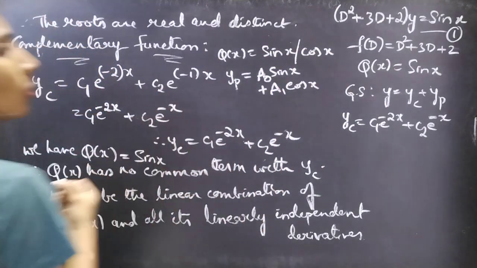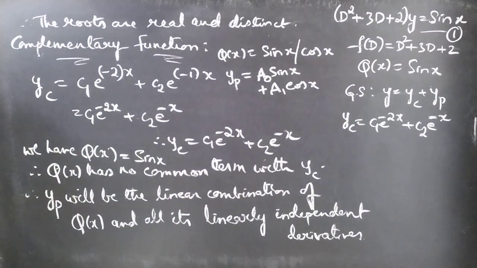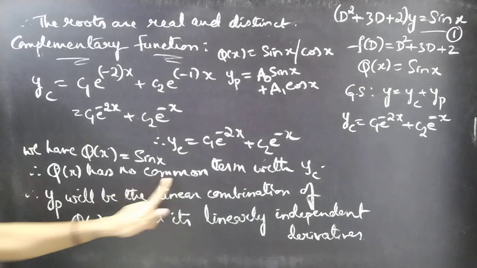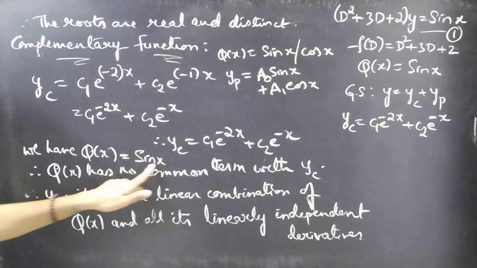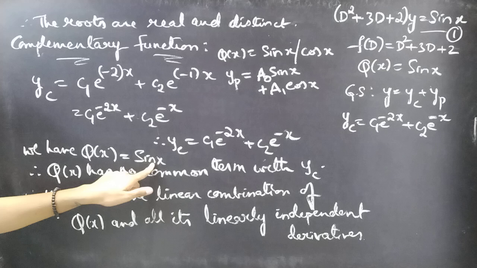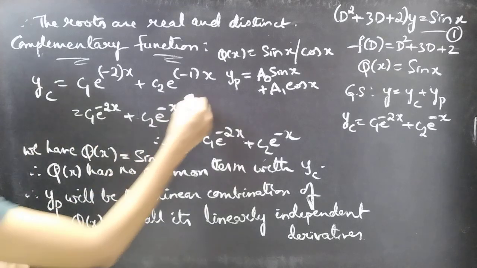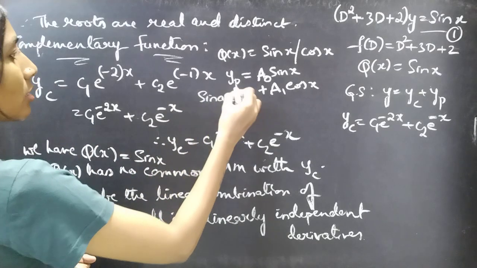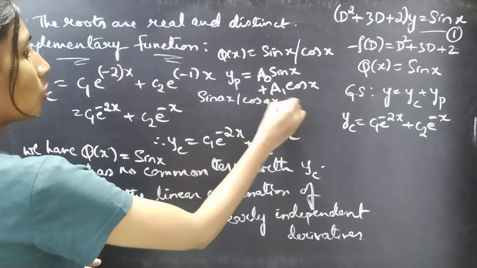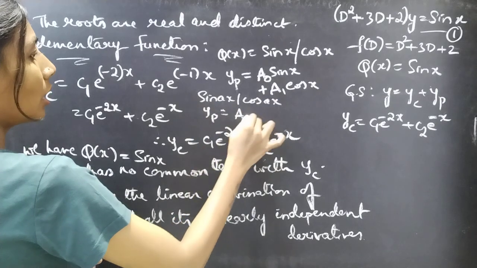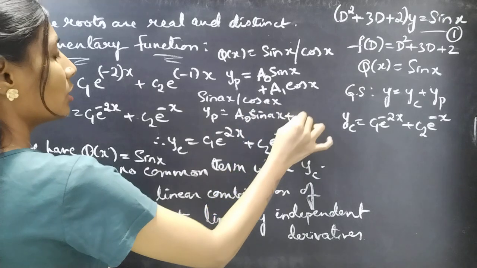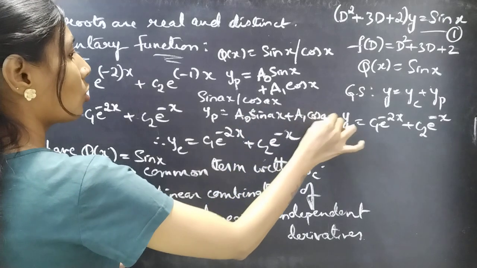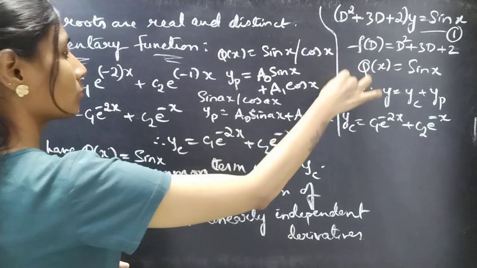If Q(x) has no common term with yc and you have sin ax or cos ax in Q(x), then yp will be a0 sin ax plus a1 cos ax.